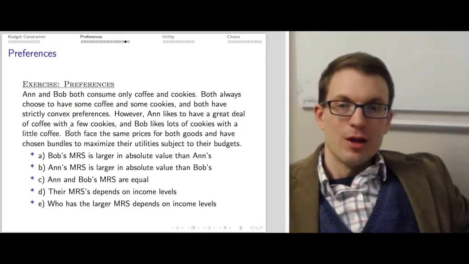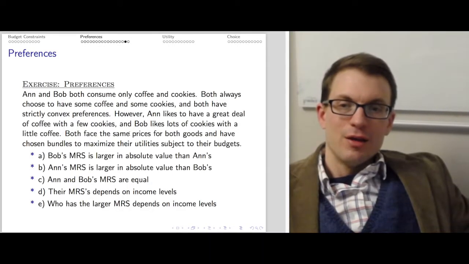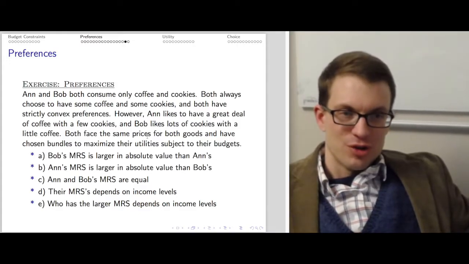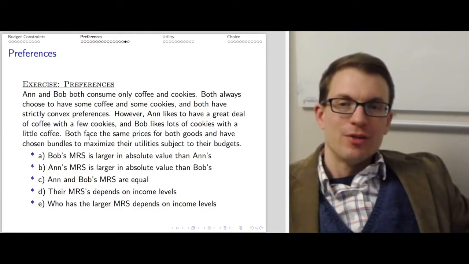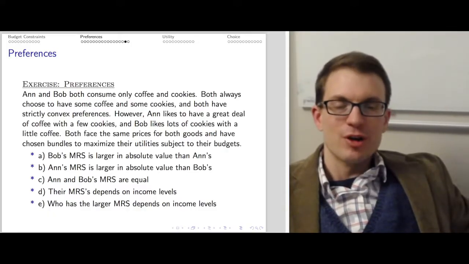Okay. Well, if they face the same prices, then the price ratios are the same. And it turns out if they're optimizing, they want to consume where their marginal rate of substitution is equal to their price ratio.